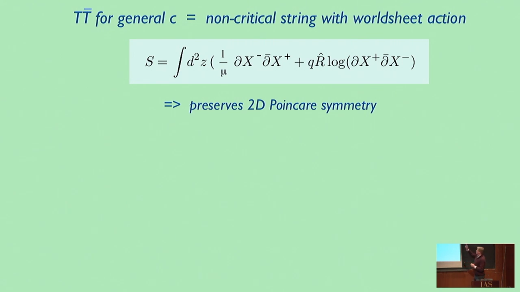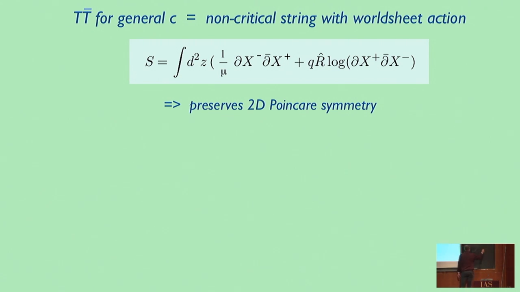What I'm going to do is add what you could call a background charge. By the way, you can think about dx plus, dx minus as your target space coordinates. You can think about the product of dx plus times dx minus as a two-dimensional metric, and it's a flat metric.